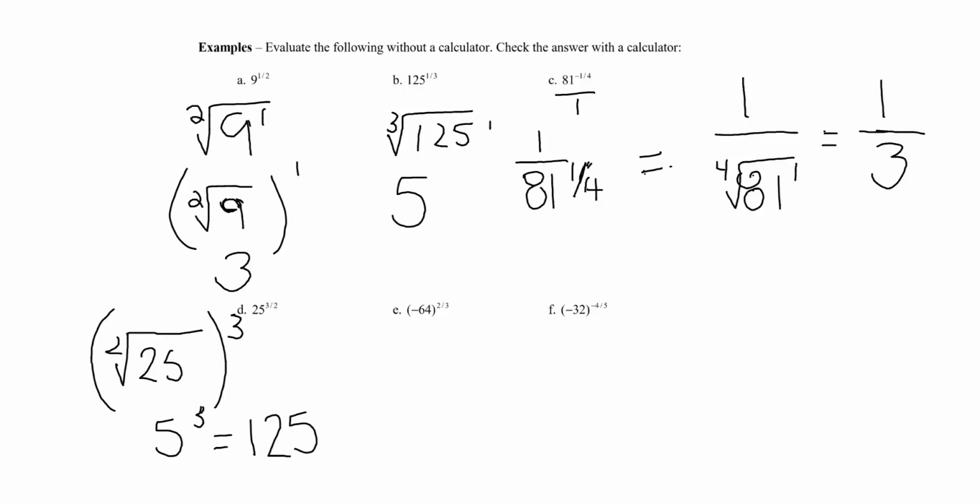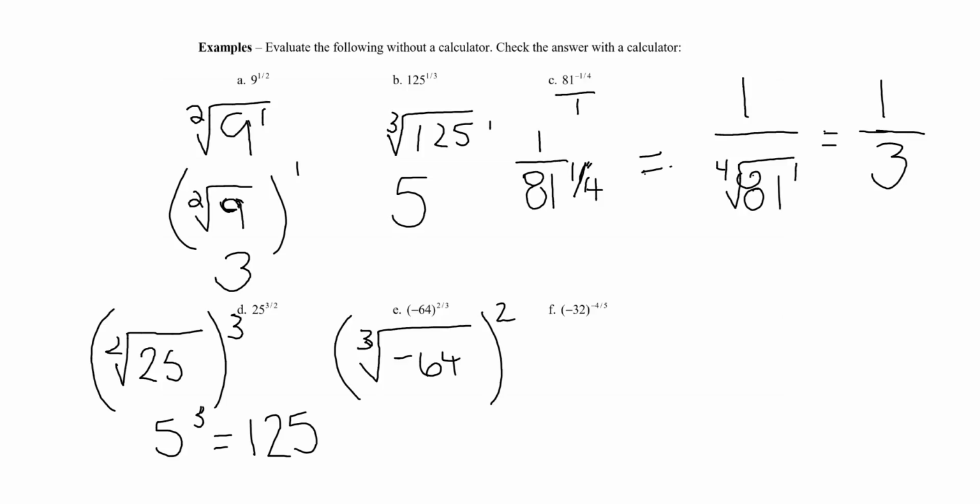Now for E, we have negative 64 to the 2/3 power. Again, I'm going to put it under the radical. So here's my radical. I have my negative 64. Because my denominator is a 3, that's my index. And then my exponent is going to be a 2.